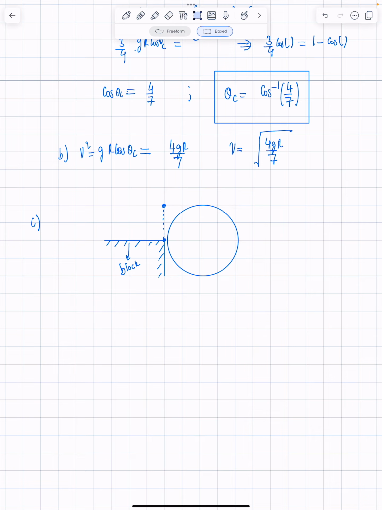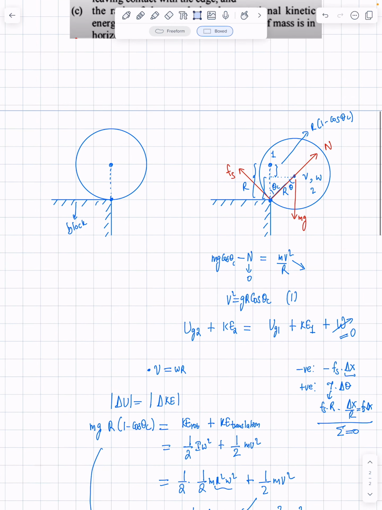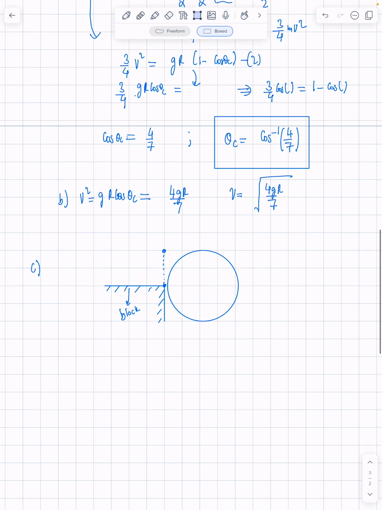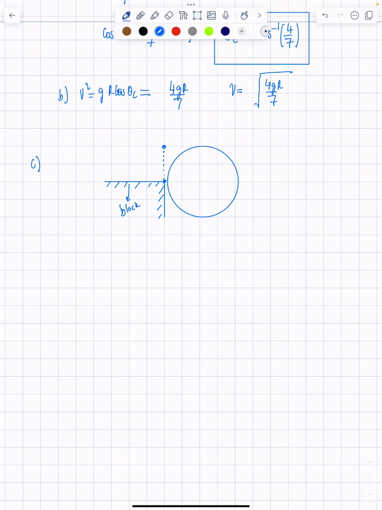When the center of mass is in a horizontal line with the edge, we have to find the ratio of translational to rotational kinetic energy. Okay. You can see that the cylinder has rotated by about 90 degrees in this configuration, and it has already lost contact with the edge.